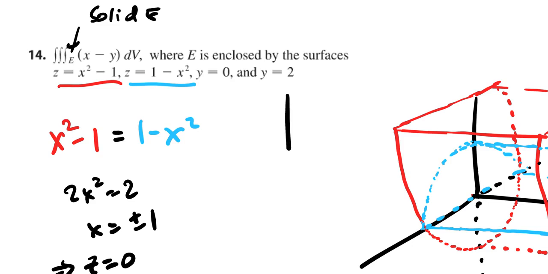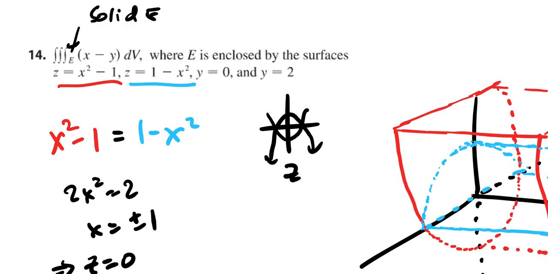When you look at z equals, this is x, this is z, x squared minus 1, that is this, and then 1 minus x squared would be this. Well, a little higher, like that.